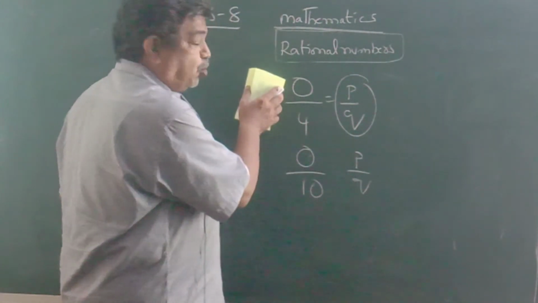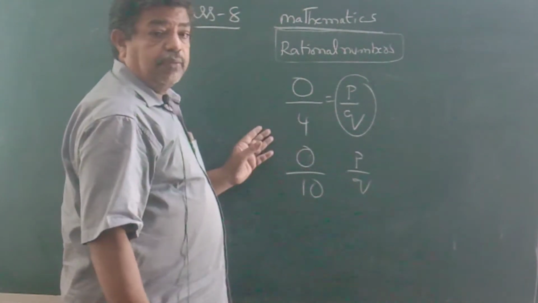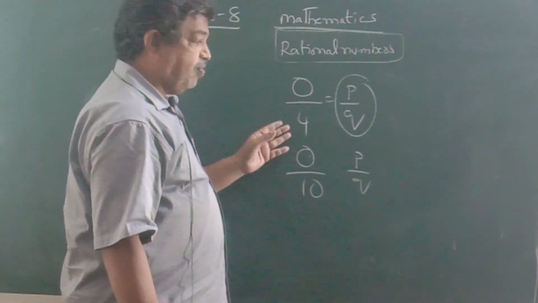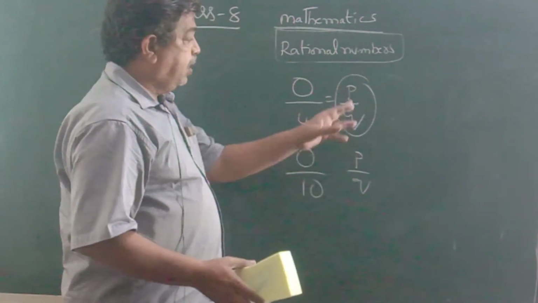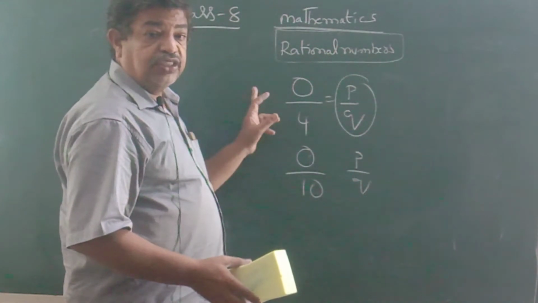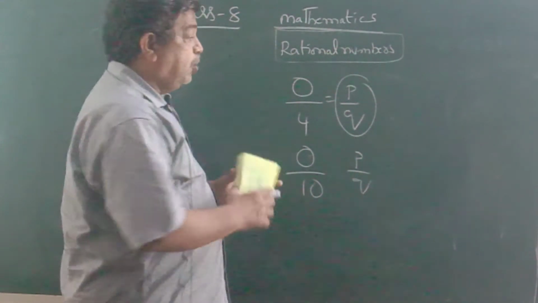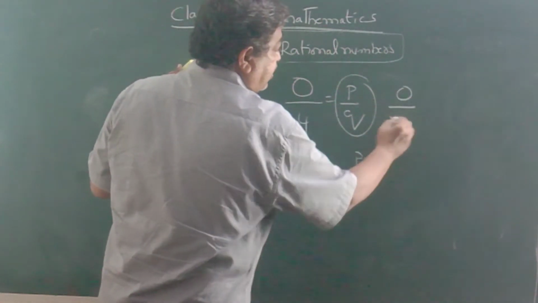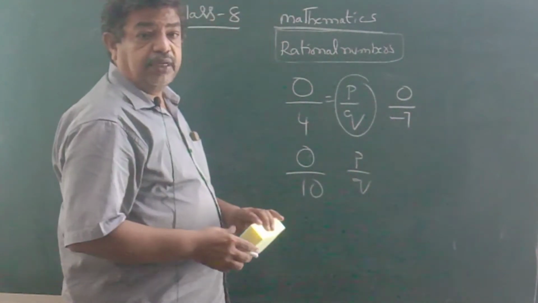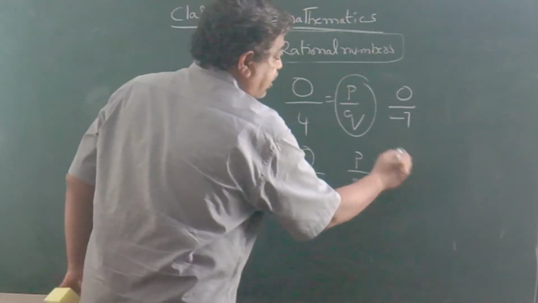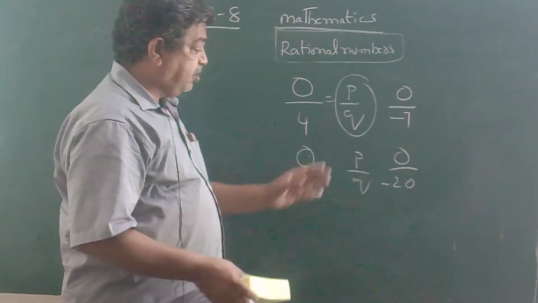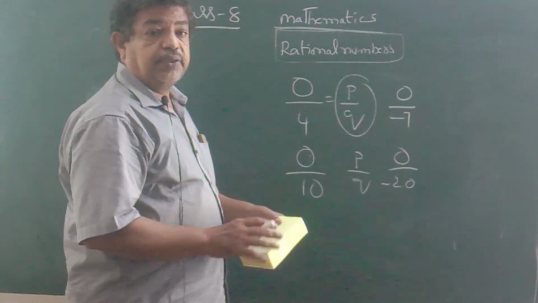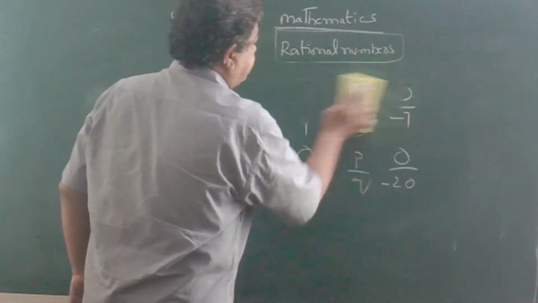So, you can write the numerator as 0 and denominator may be any integer. So 0 by 4 or 0 by 10 or 0 by 20, whatever you take in the form of p by q, where numerator is 0 and denominator is any integer. You can write 0 by minus 7. This also represents a rational number. 0 by 20, rational number, or 0 by minus 20, which is in the form of p by q. It also represents a rational number.